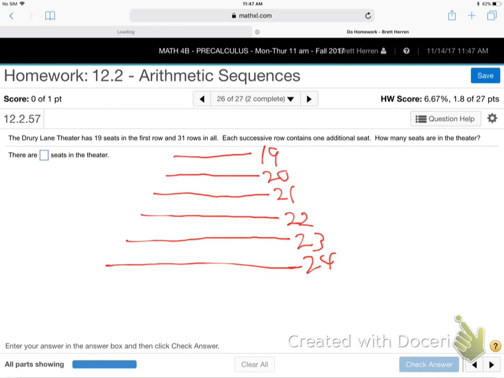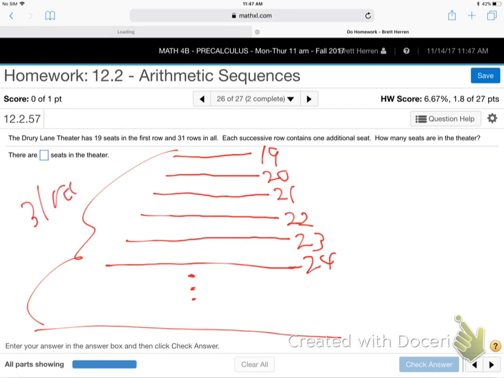As you go back, and there's, in total, just go dot, dot, dot. So let me do that a little more thoroughly to the final one or whatever. And in total, 31 rows. So you get the picture? So 19 seats in the first row, then 20, 21, and so on. 31 rows in all.